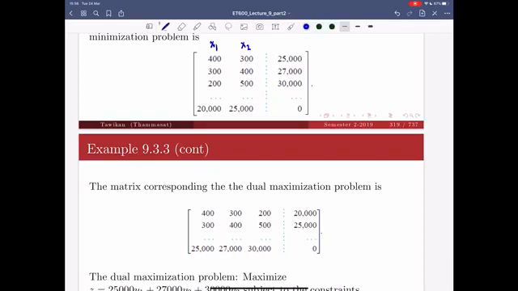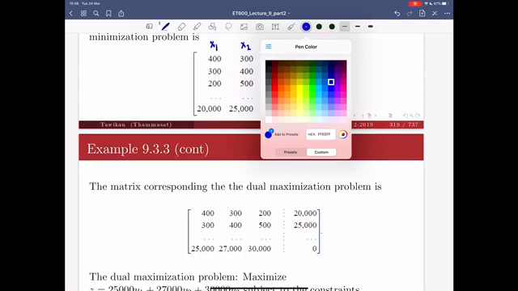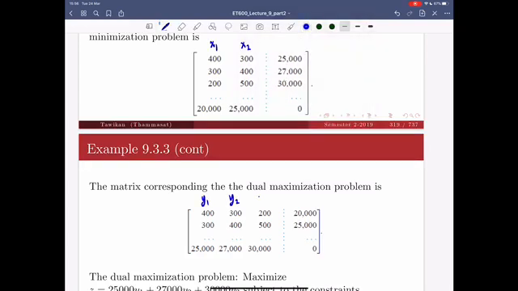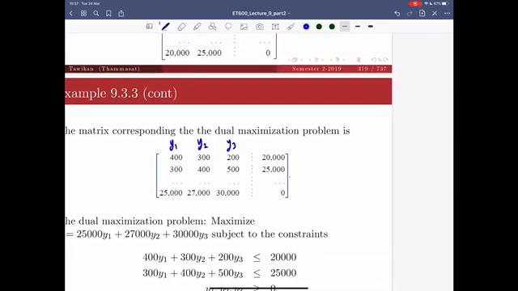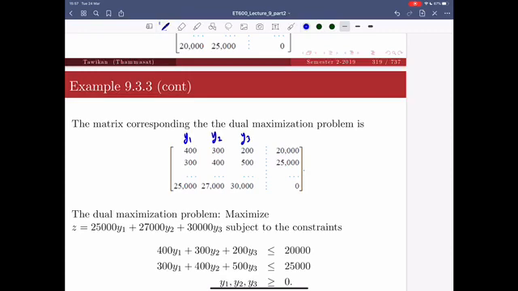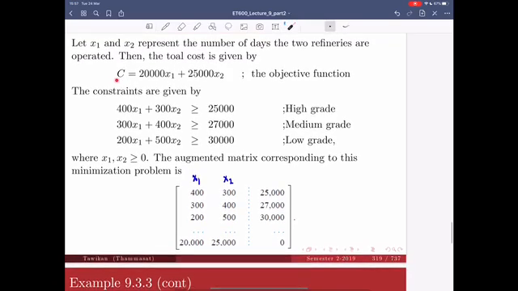I'm going to define three variables, y1, y2, y3. And over here, the objective function now appears in the last row at the bottom. So with our dual maximization problem, the objective function z is now something we want to maximize, no longer minimize. When we wanted to minimize, we used the variable w, or in that case capital C, which consisted of two variables, x1 and x2.